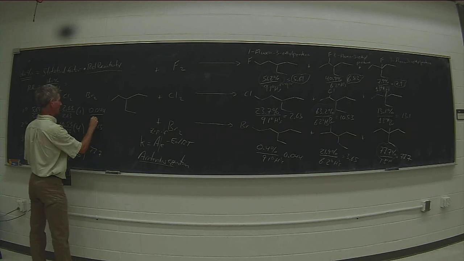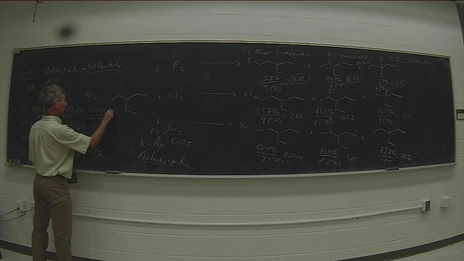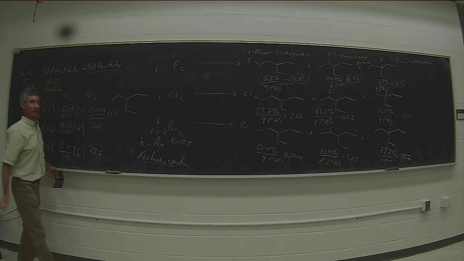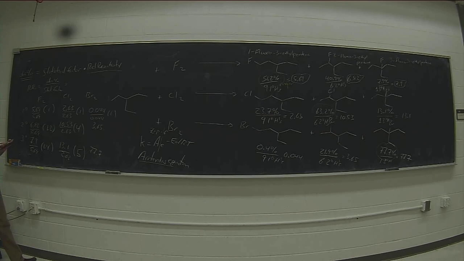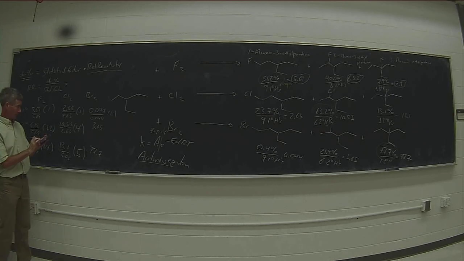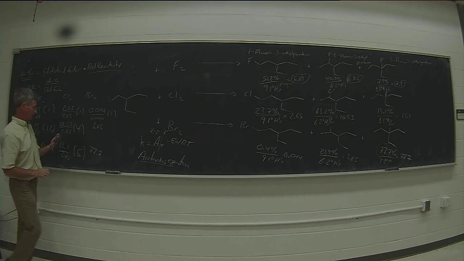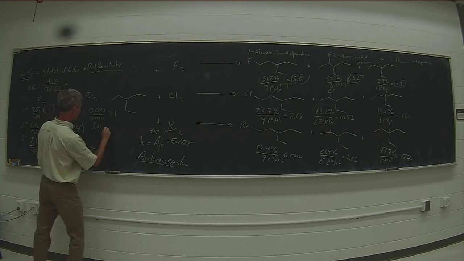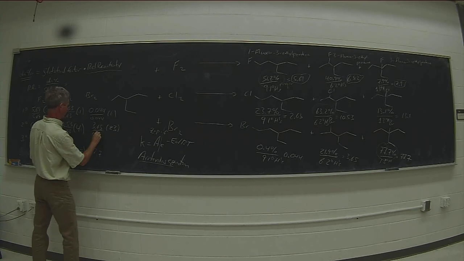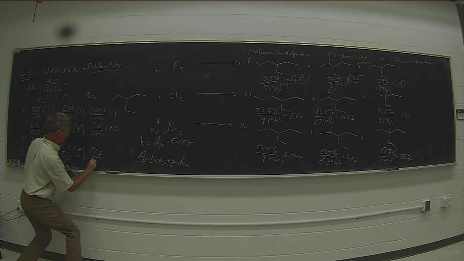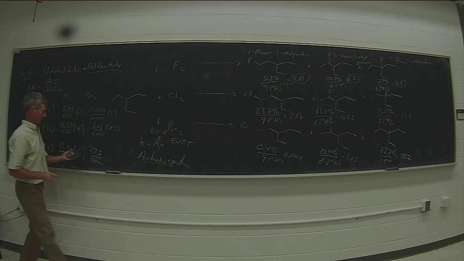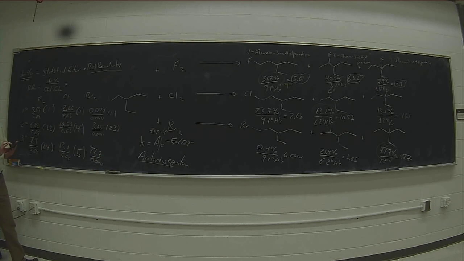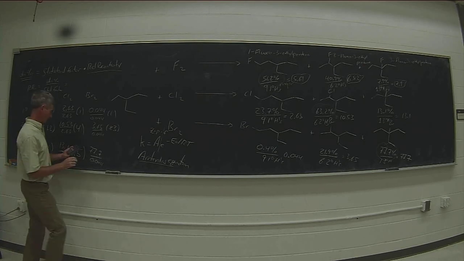And if you divide through by 0.044 to normalize 1 as the primary reactivity, 3.65 divided by 0.044 is equal to 83. And 77.7 divided by 0.044 is equal to 1766.